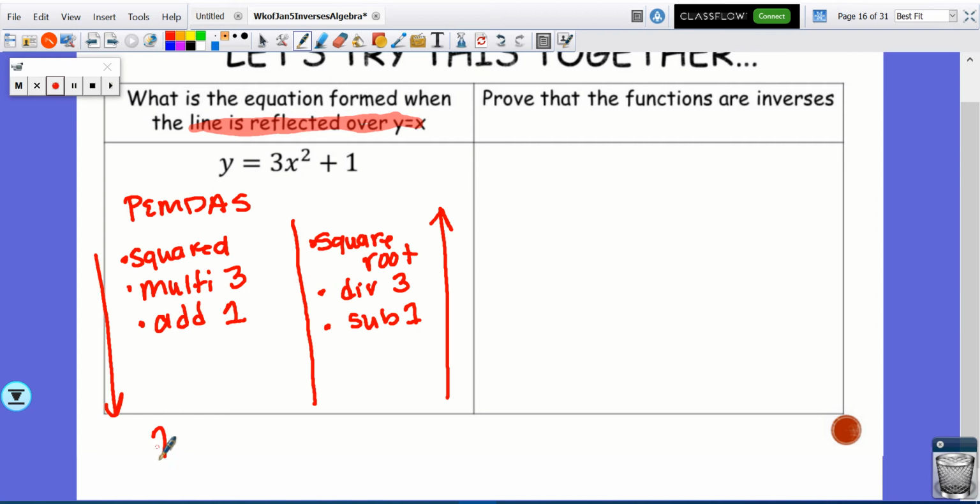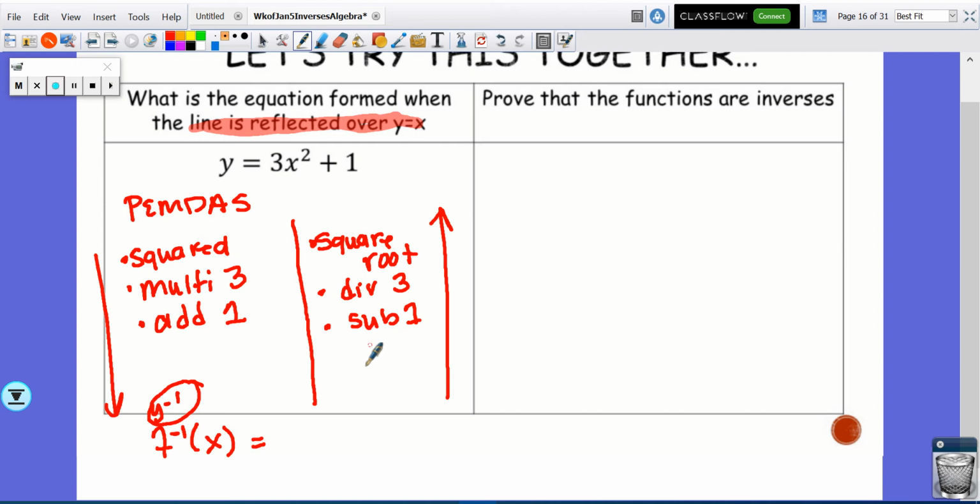So the inverse of this function, you can write the inverse symbol as y to the -1, but for the sake of consistency, I'm going to show you to write it this way. We're going to do it as f of x to the -1. That's the inverse. You'll see this in math classes as well: anytime you put a -1 on something, it means inverse.